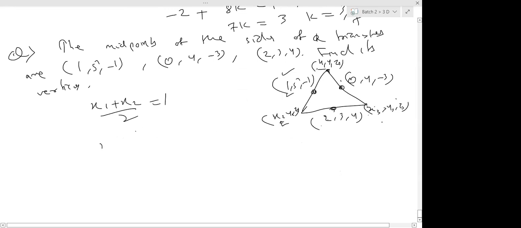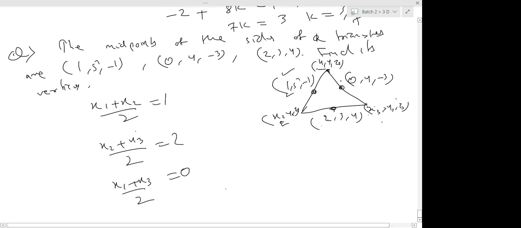Same with x2 plus x3 by 2 will be 2, and x1 plus x3 by 2 will be 0. Solve these equations, you will get the value of x1, x2 and x3. Then do this for y and z.